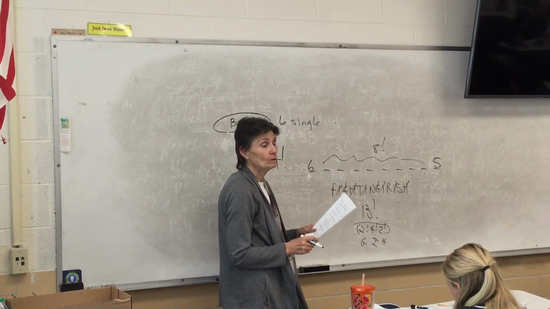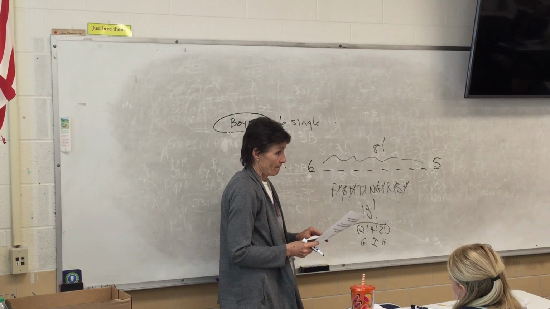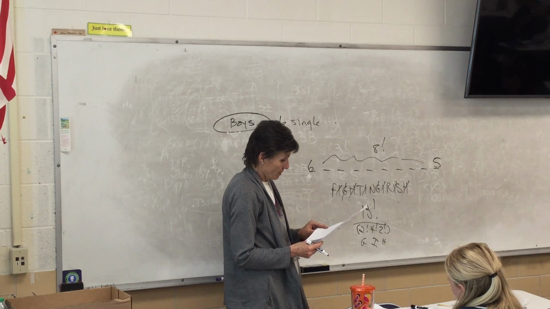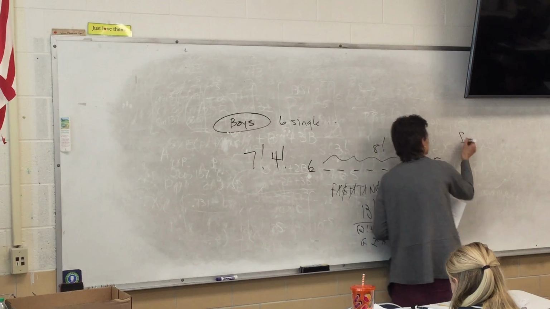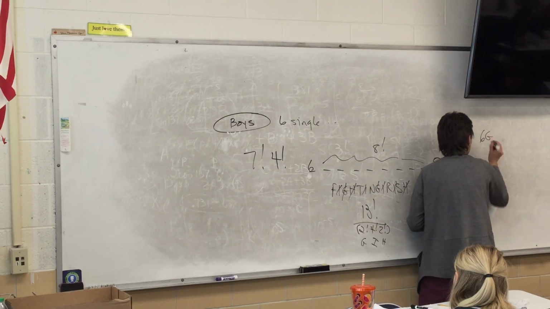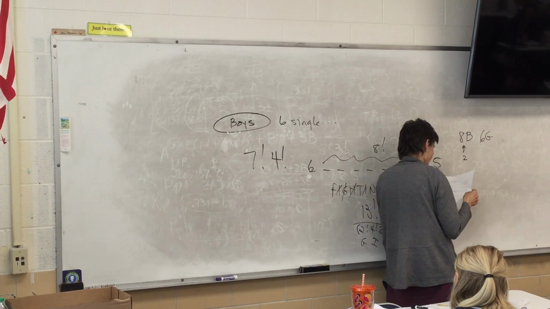All right, one more. Who else has a question from that? 3A. 3A, how many different, there are 8 boys and 6 girls. And I am picking 2 of these and 2 of these.